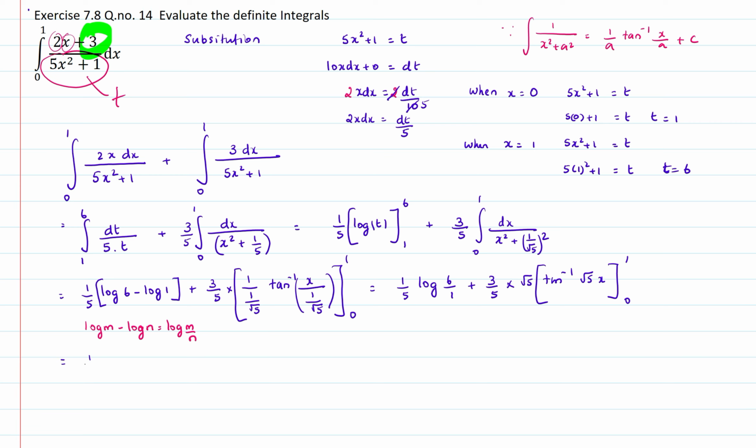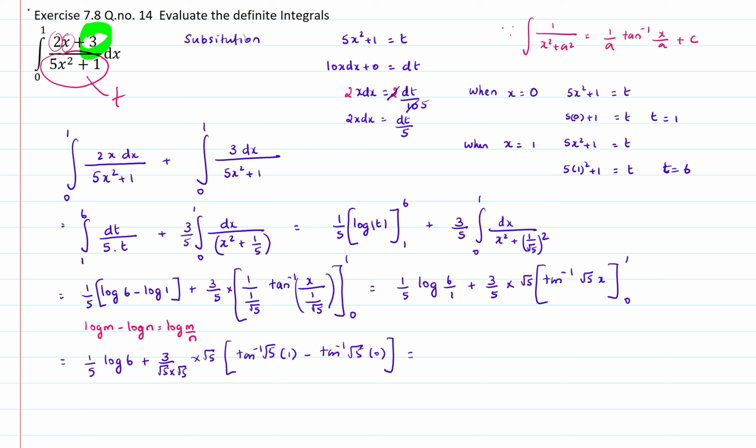This will be 1 by 5 log 6 plus 3 by root 5 into root 5 into root 5. This 5 is written as root 5 into root 5, into tan inverse of root 5 into 1 minus tan inverse of root 5 into 0.